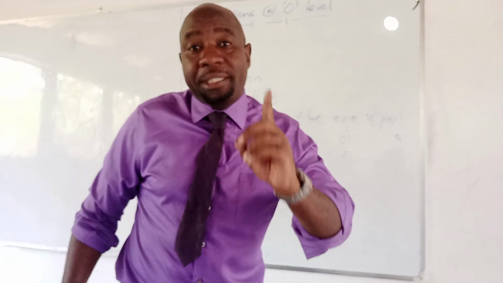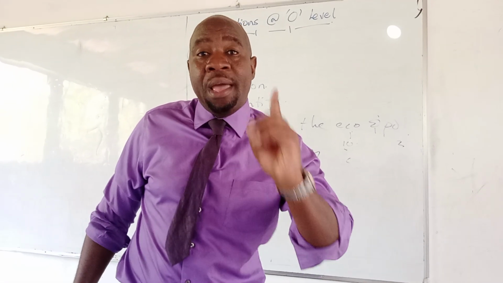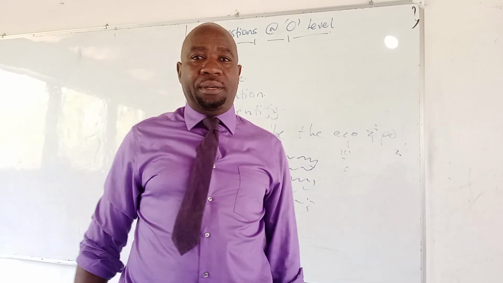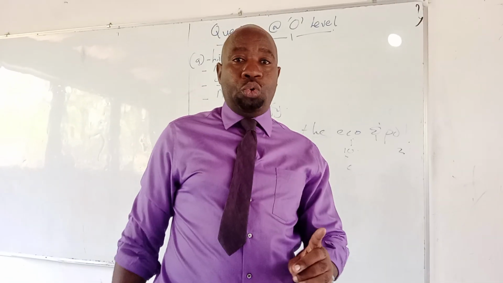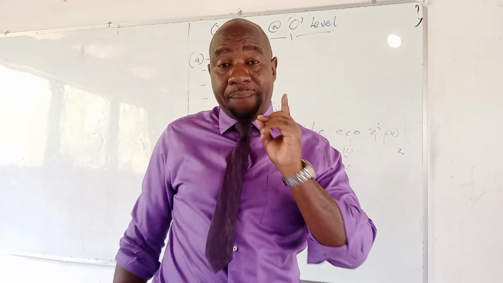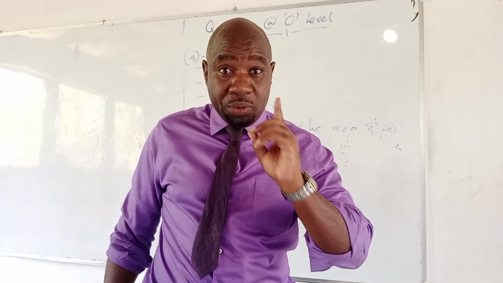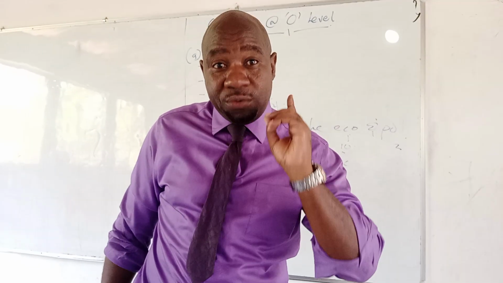So answer part B in the form of a composition. That is what we are supposed to do when we answer part B. Make sure you get 12 out of 12.